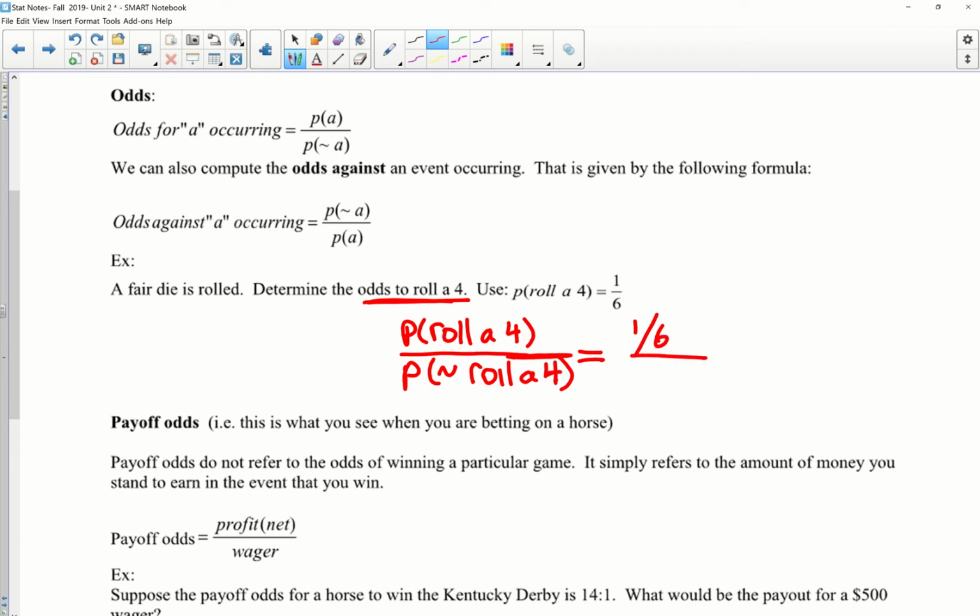But even if they didn't, when they talk about a die, they're talking about a 6-sided number cube.